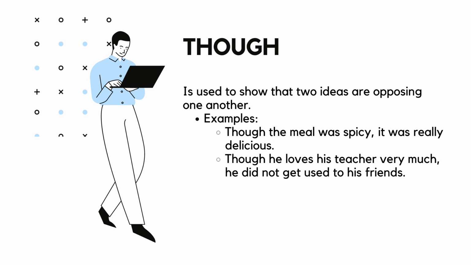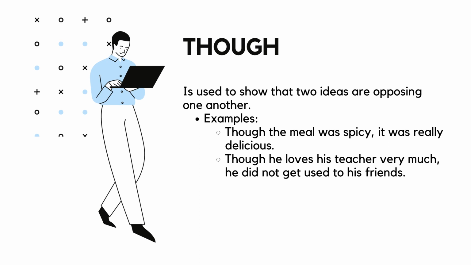In both the examples, it is seen that though is used to connect two opposite ideas. But in these sentences, we have not put the comma after though. We have put the comma after the first part of the sentence containing though.